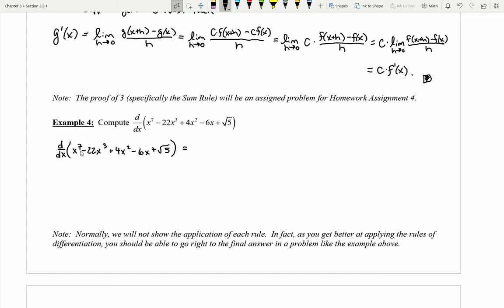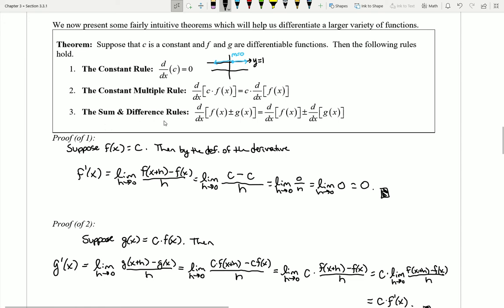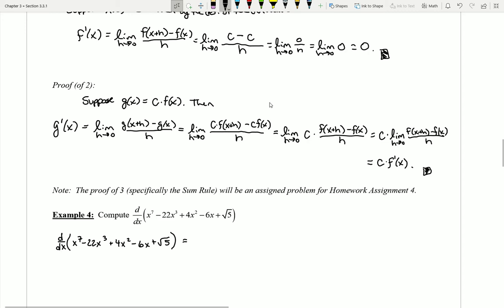Notice that one of the first things I might see is that I have a lot of things here being added or subtracted together. And the sum and difference rules tell me that if I ever have things being added or subtracted together, I can separate them into derivatives of individual pieces being added or subtracted together.